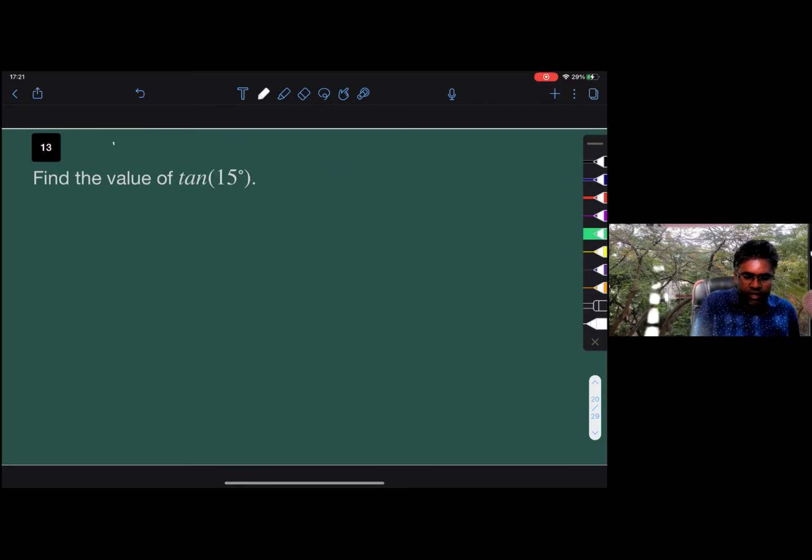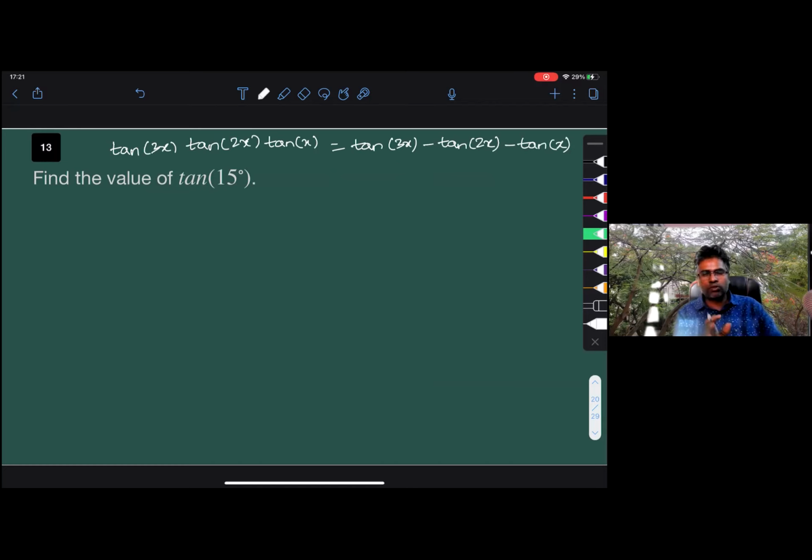We have tan of 3x into tan of 2x into tan of x is tan of 3x minus tan of 2x minus tan of x. I think this overdoing is okay in the beginning because we're just trying to understand trigonometry.